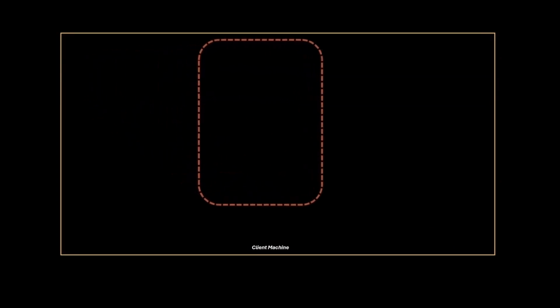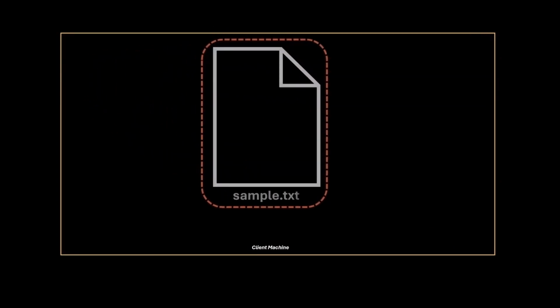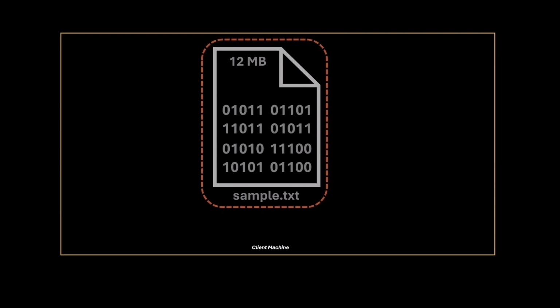Now let's go back to our client machine, and let me recap what we have discussed so that we can connect the dots and deep dive more into the components we discussed earlier. The client machine has a blank folder, and in that folder we are creating a file, maybe with the name sample.txt, which has 12 MB of size and contains some data, maybe text data, hello world, which has an equivalent binary, right?